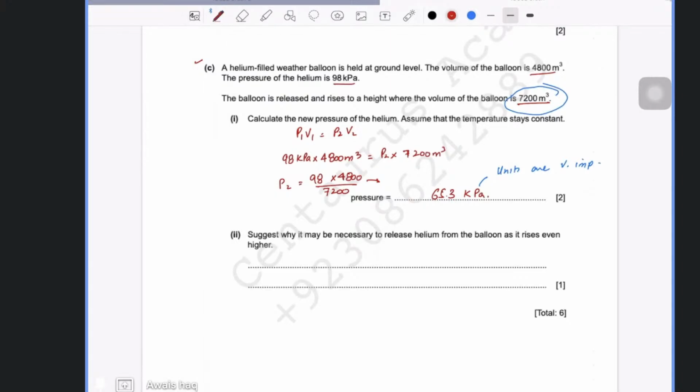So you can write balloon will swell and may burst, because volume will keep on increasing. All right, is it clear? Yes, sir. Okay, very good.